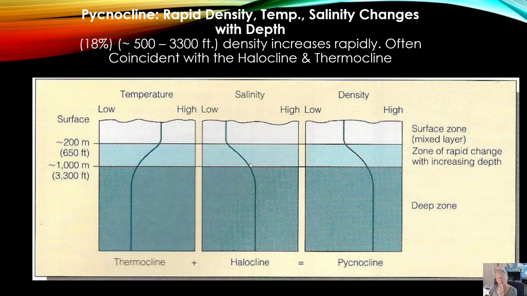Again, now you could memorize that, but how could you remember that without memorizing it? Well, think of where does it rain? It rains on the surface, and rain mixes with the seawater and makes it less salty. Also, the rivers drain into the ocean. So the surface is more likely to be less saline than the deep area. Okay, so salinity goes up at the halocline.